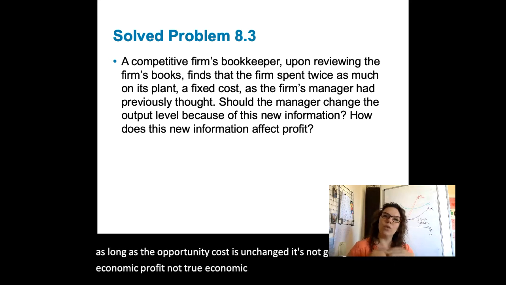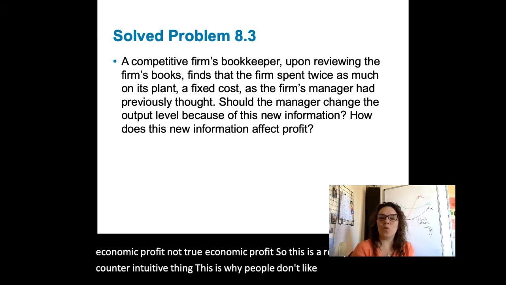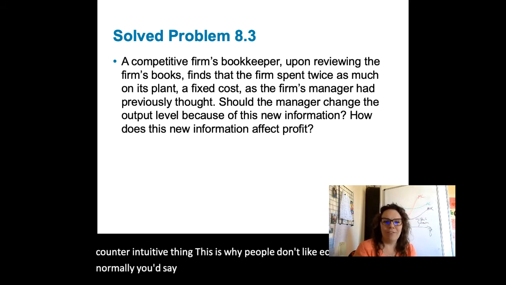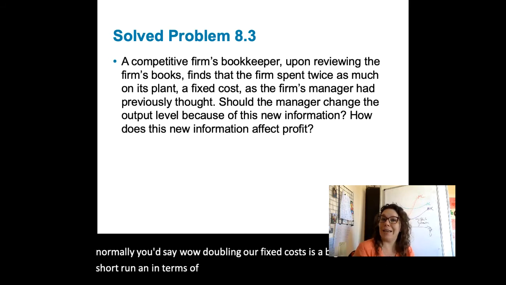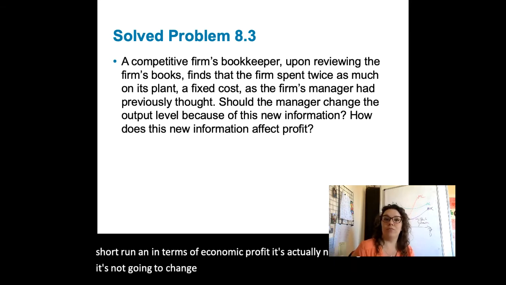So this is a really weird counterintuitive thing. This is why people don't like economists, because normally you'd say, wow, doubling our fixed cost is a big deal. But in the short run and in terms of economic profit, it's actually not a big deal, and it's not going to change the optimal output level.